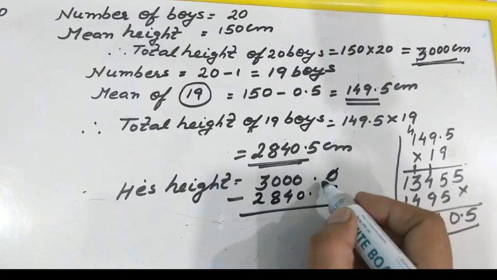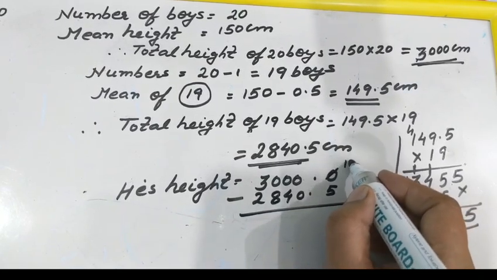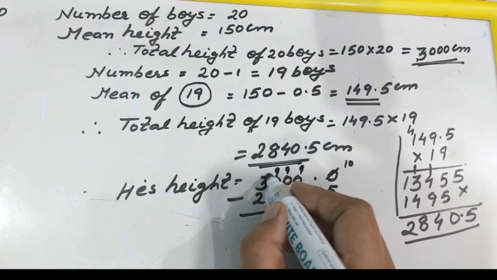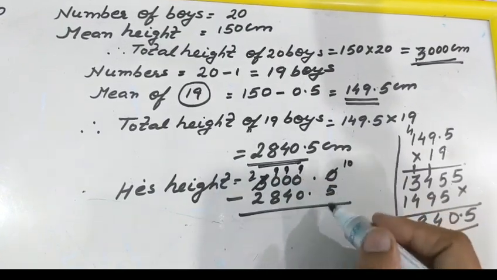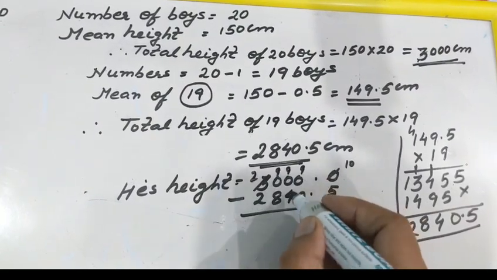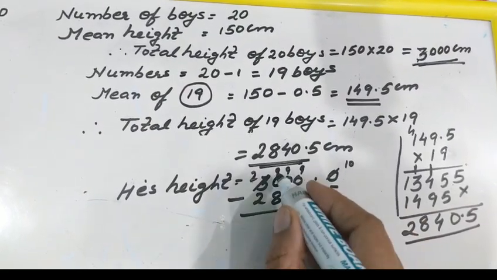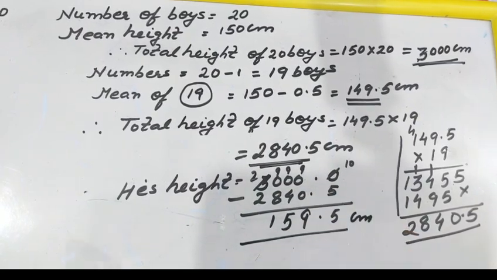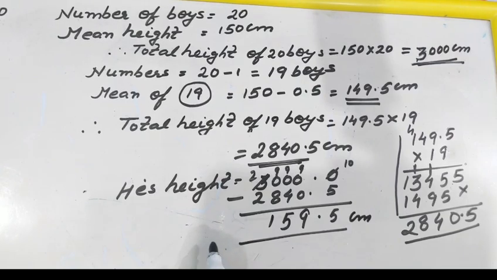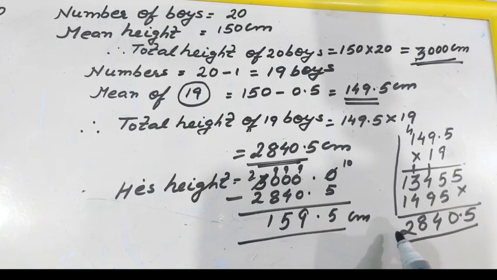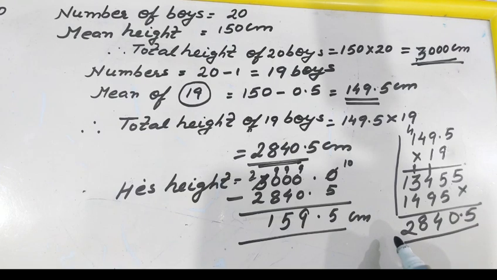Using the borrowing technique, arrange the numbers 10, 9, 9, 9, 2. Carry, minus 5, 5. 9 minus 4, 5, and 9 minus 8, 1. Centimeter. Hence the height of the boy who left the class is 159.5 centimeter. Clear, children, how we have done?